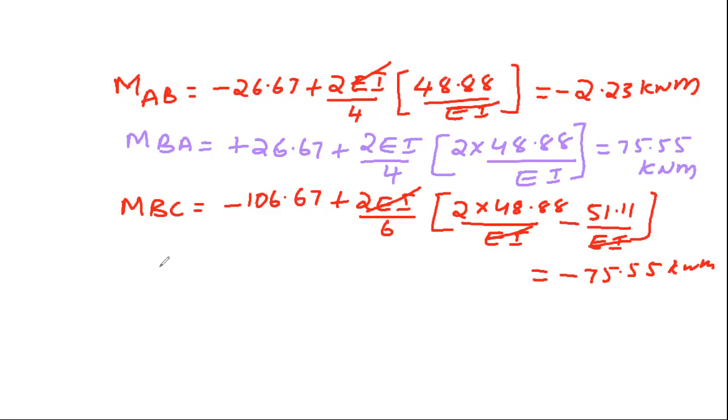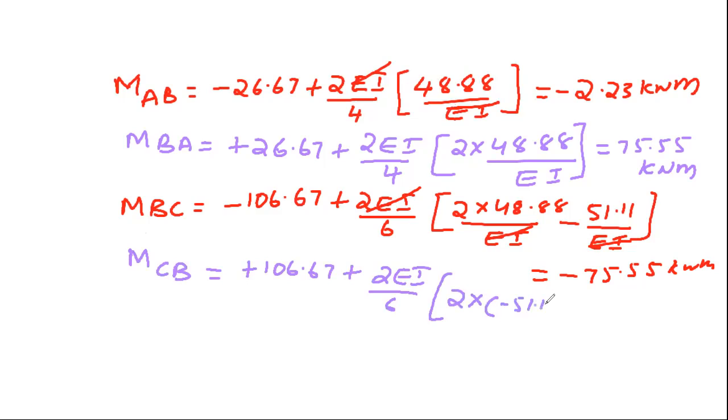Next, MCD. How do you get MCD? So MCB, not MCD. MCB is MFCB. MFCB is plus 106.67 plus 2EI by 6. 2 theta C, 2 times minus 51.11 by EI, plus theta B. Theta B is how much? 48.88 by EI.